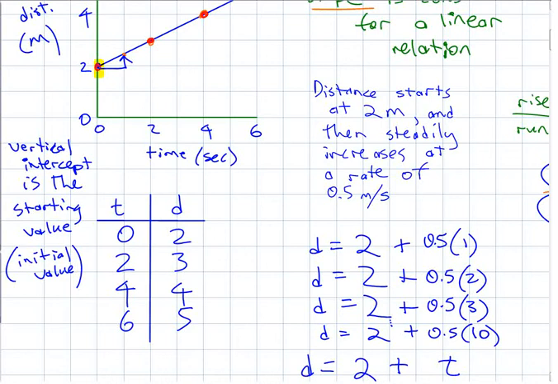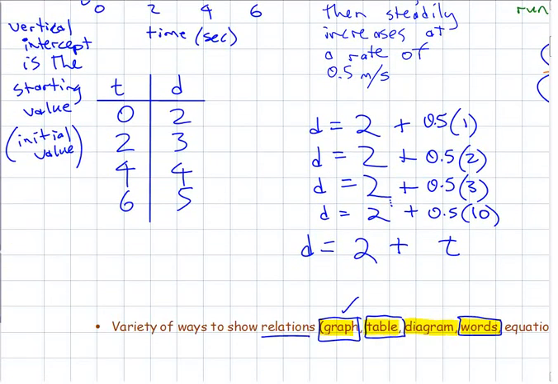right? The way you write the equation of a line is you say, I take my initial value and I add on whatever the rate is times whatever that value is. Okay? If I take whatever the time is here, and multiply it by my rate here.